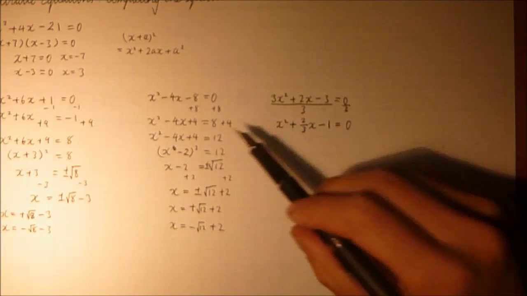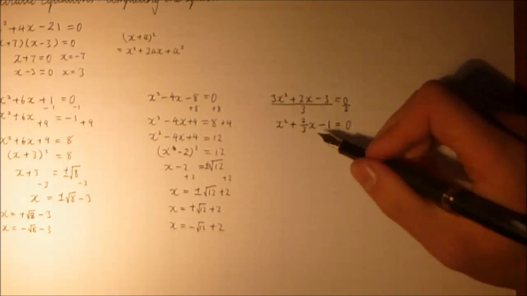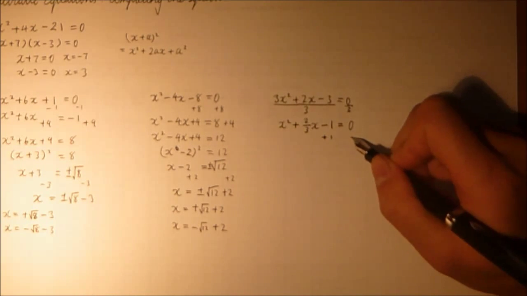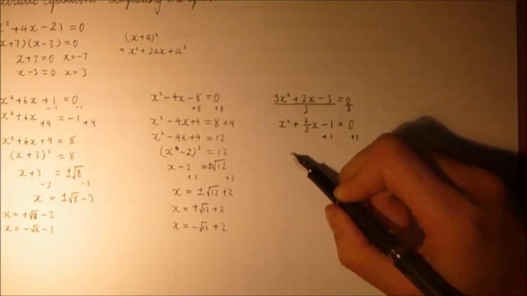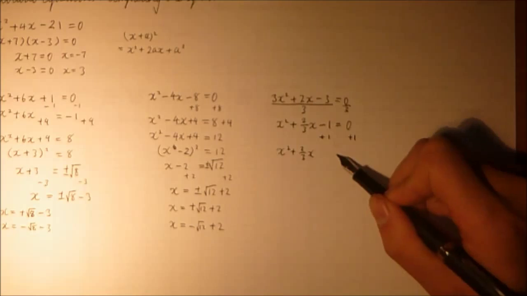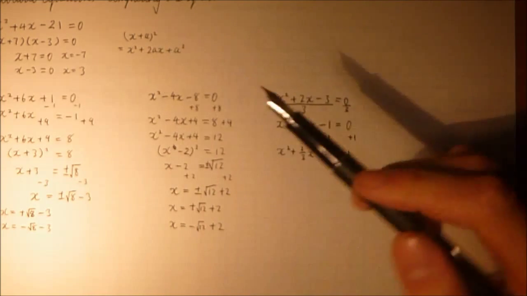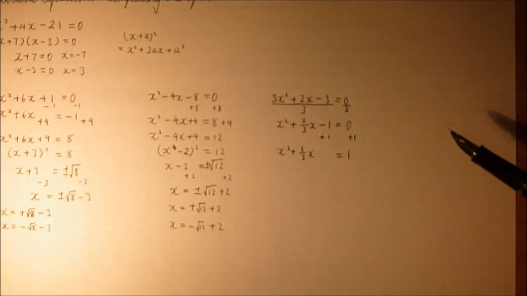So we can see that it's just the same as the previous two examples. We shift 1 to the other side, and we end up with x squared plus 2 over 3 x equals 1.